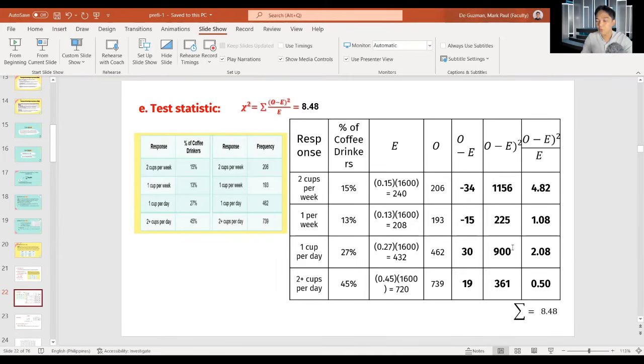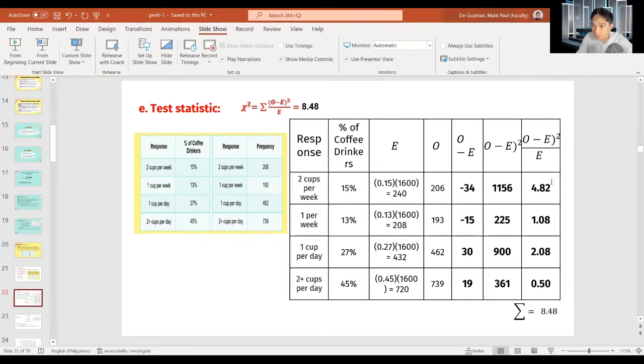That is 1.08. Next, 900 divided by 432. We have 2.08. And last, 361 divided by 720, we have 0.51.